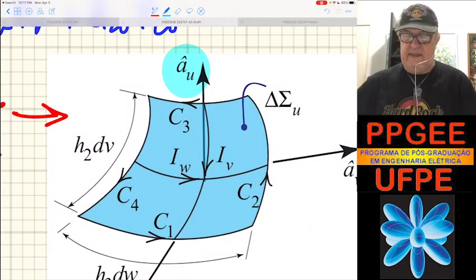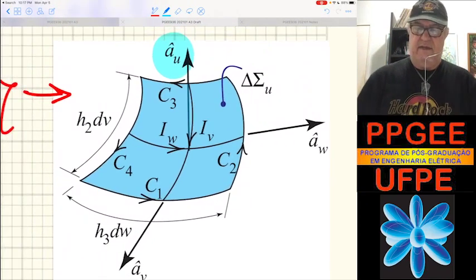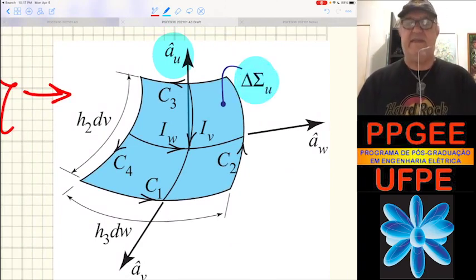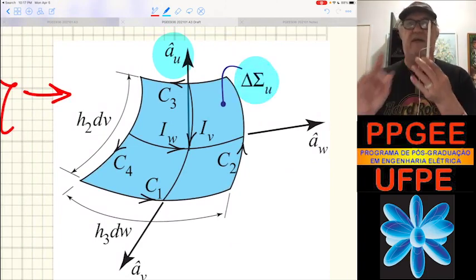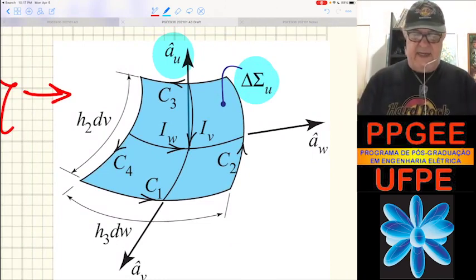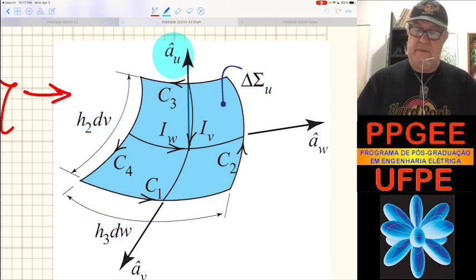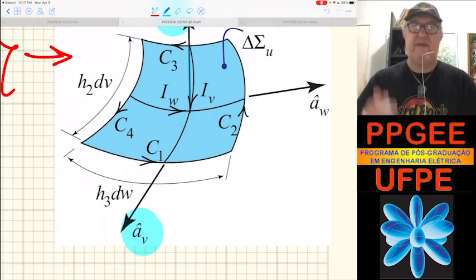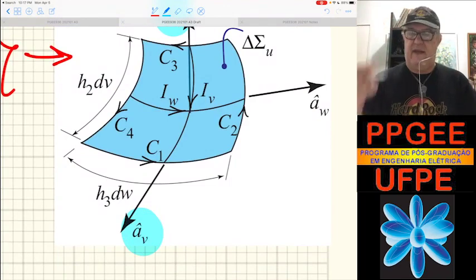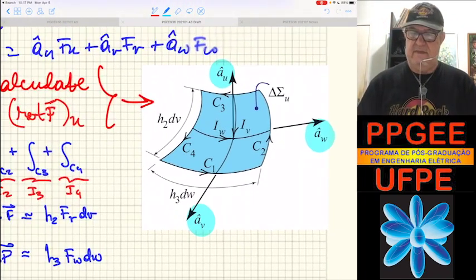So we're going to make this construction here. Have our area delta sigma U, which is orthogonal to AU, which is the product of two segments, H2dV and H3dW, right? Just to show you, these are AU in the cyclic orientation, AV and AW that way, right?